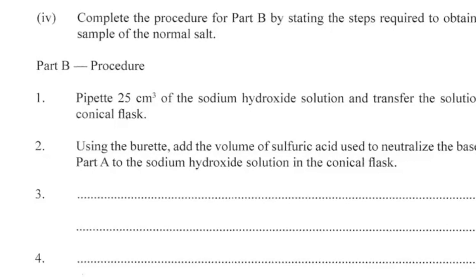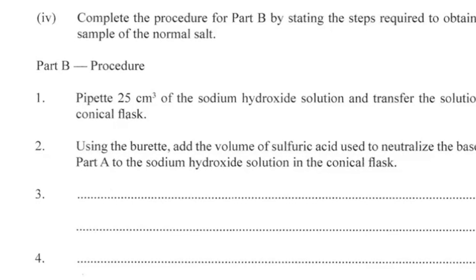So in part 4, we're being asked to complete the procedure for part B by stating the steps required to obtain a dry sample of the normal salt. So they've given us 2 steps. Step 1: Pipette 25 cm³ of the sodium hydroxide solution, and transfer the solution to a conical flask.